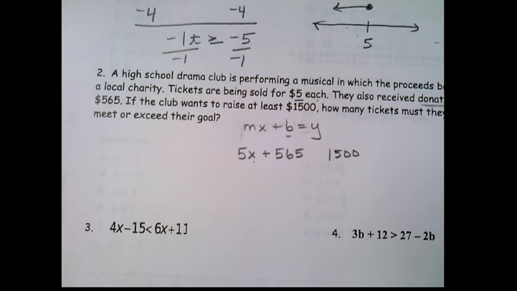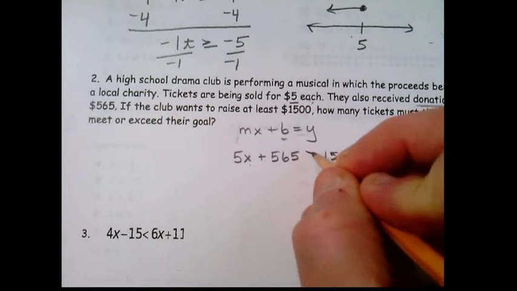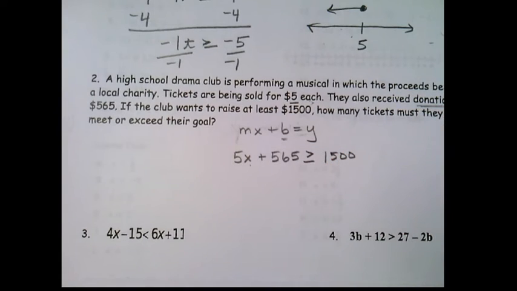Now, if we're saying at least, is that less than or equal to, greater than, or greater than or equal to? Well, at least means greater than or equal to. Because if we raise more than that, or exceed that, that would be good. If we raise less than that, that is not good for the story problems.